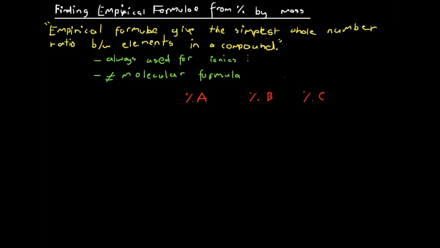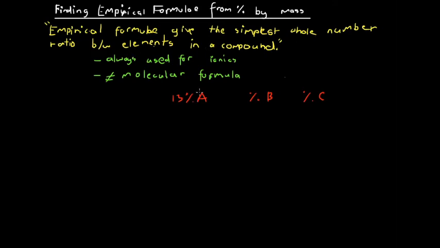Say this is 13% element A, then that means 13% of the mass of this compound is caused by the mass of element A. We know that the ratio in empirical formulae is the ratio between actual atoms or ions. So this ratio depends not on the mass, but on the number of moles, or the number of actual particles.